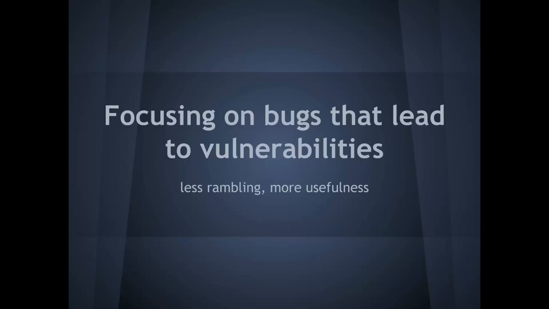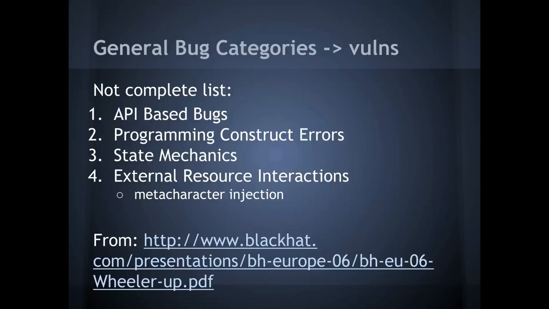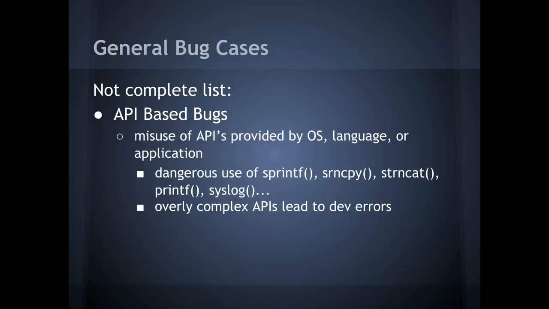You can come up with overall strategies for attacking those, but the list I have here comes from a Black Hat presentation in 2006, and they roughly correspond to those seven kingdoms that were described earlier. But these four are often the heavy hitters for binary application bugs, which are the topic really of this week and today's lecture.